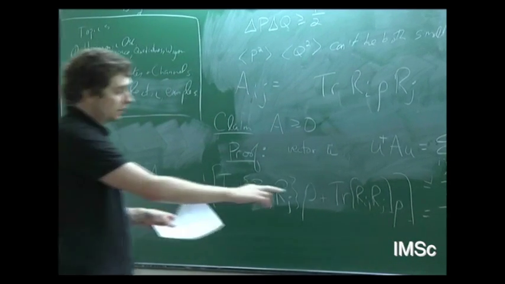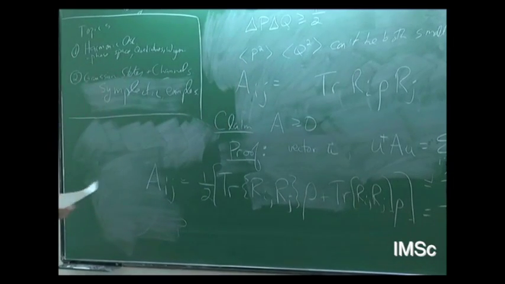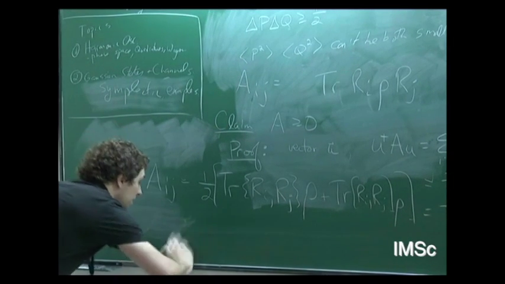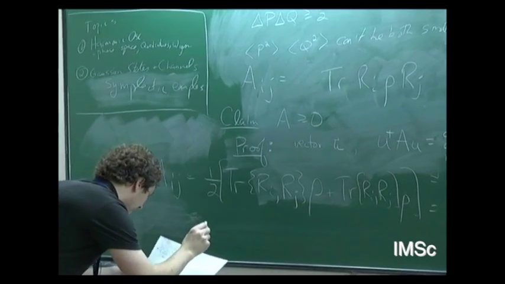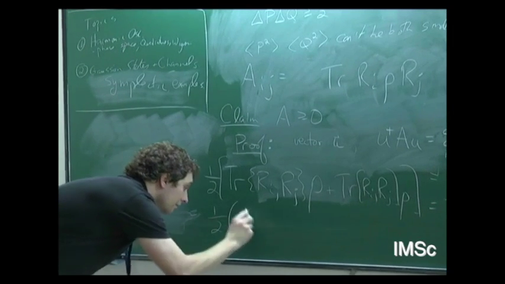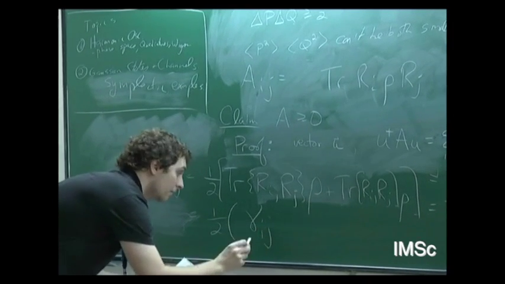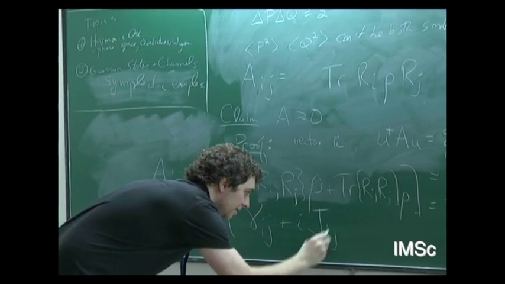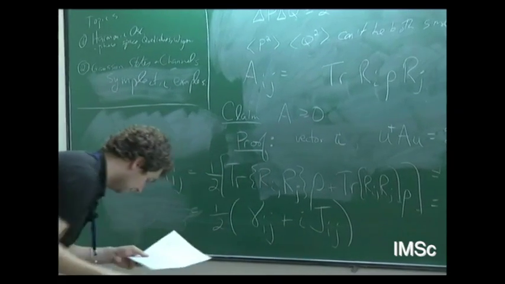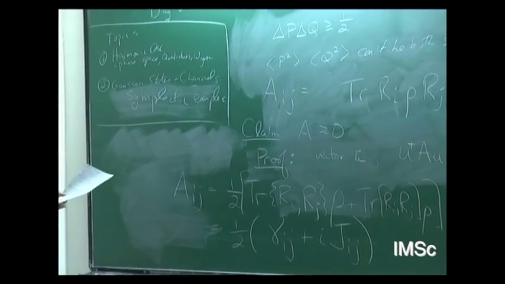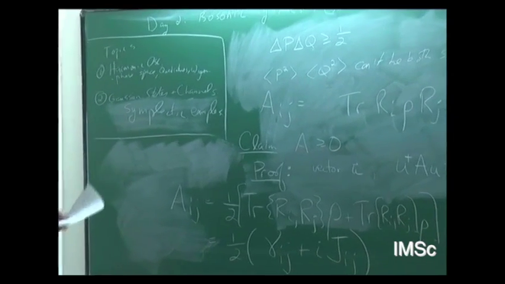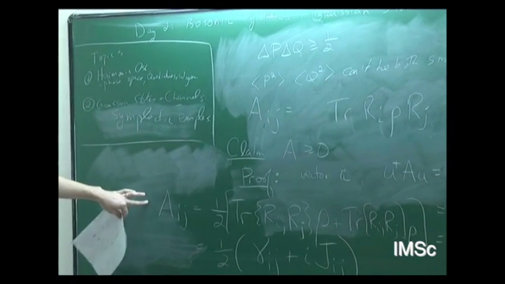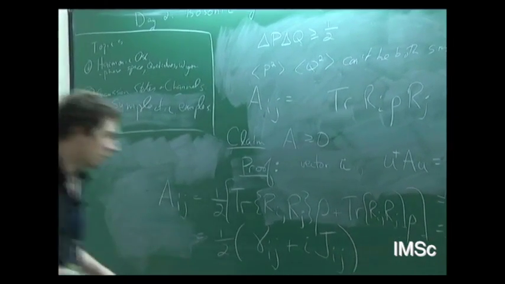But the commutator of Ri and Rj is given by the commutation relations we know. So this is just equal to half of gamma ij plus identity times j sub ij. Sorry, square root of minus 1 times j ij. Okay, so we know that this matrix is positive semi-definite.